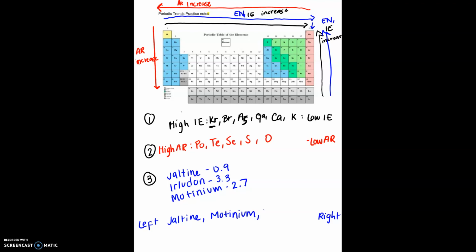And lastly, erludon will be closest to the right, but not in the noble gases.